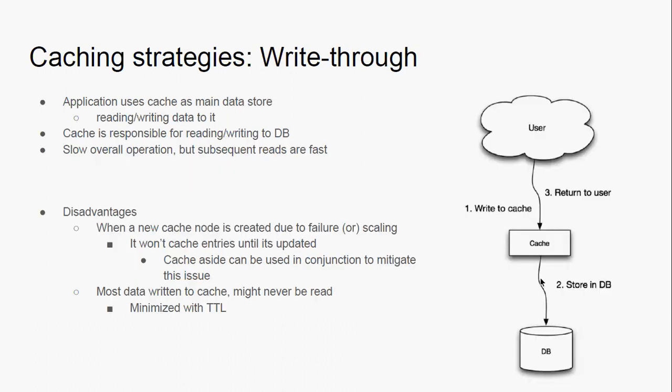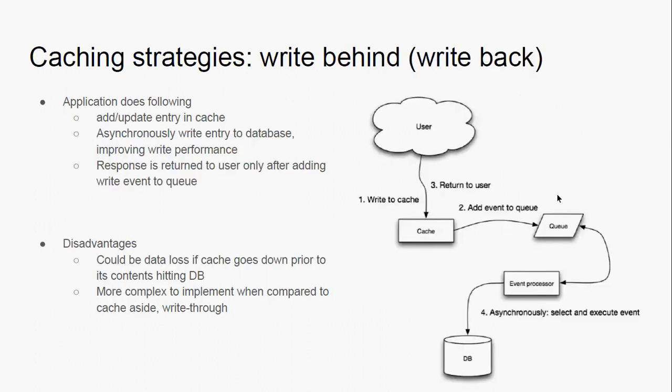In the previous technique, it's waiting until the record is entered into the DB, and only then does it respond to the user. So it's basically synchronous. But here, as and when you write to the cache, it adds an event to the queue, and as soon as it has confirmed the event is created in the queue, it simply responds back to the user.